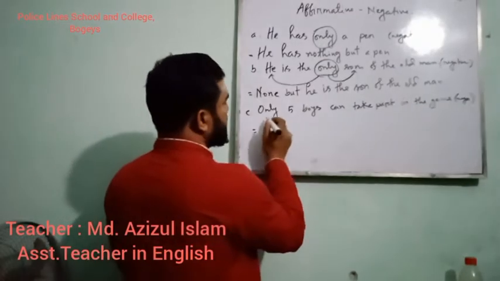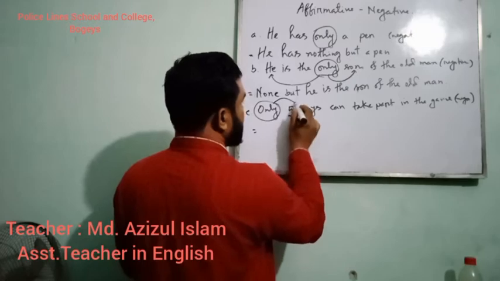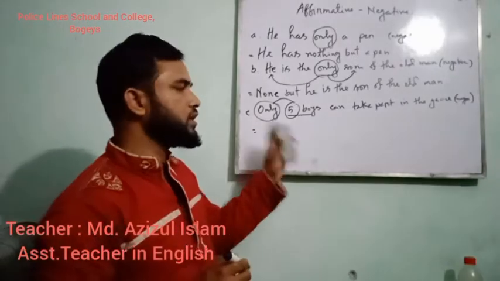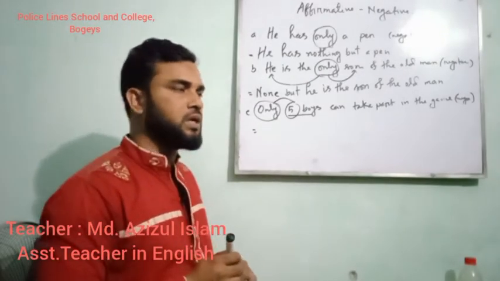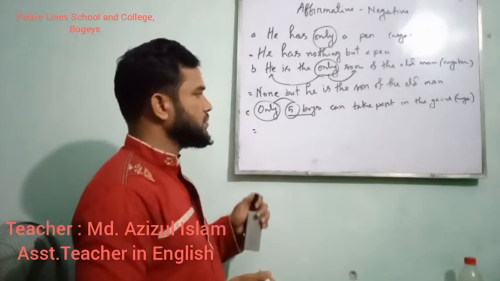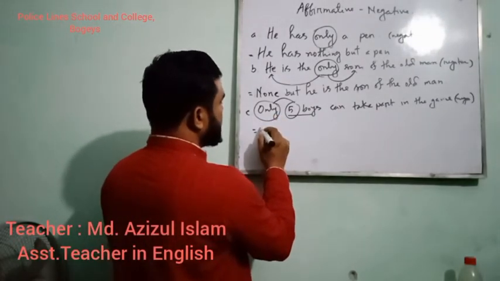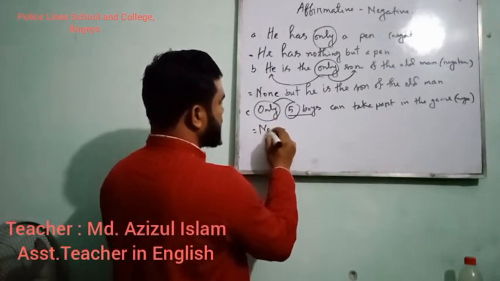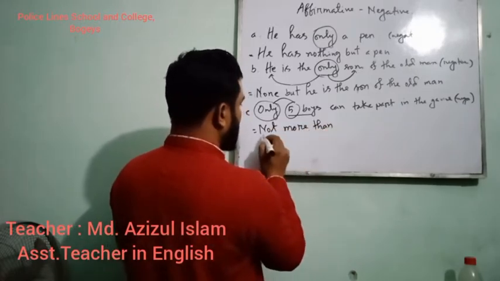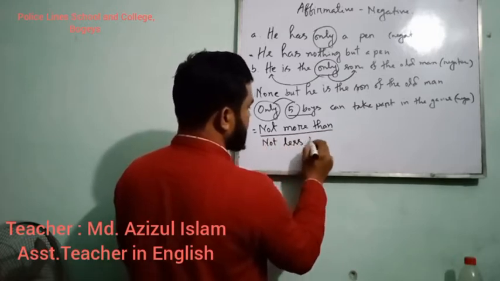And here only indicates the number of boys, and if only indicates any number, then we can make this sentence into negative by replacing the only with not more than, or not less than.